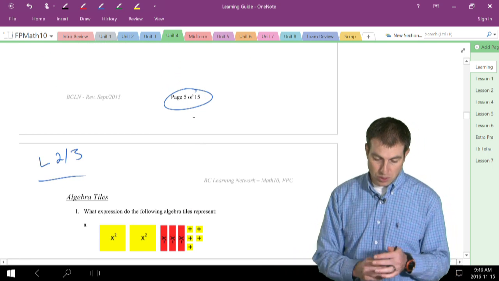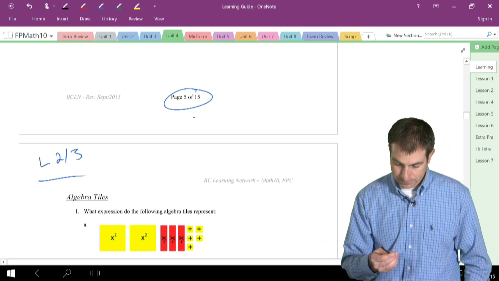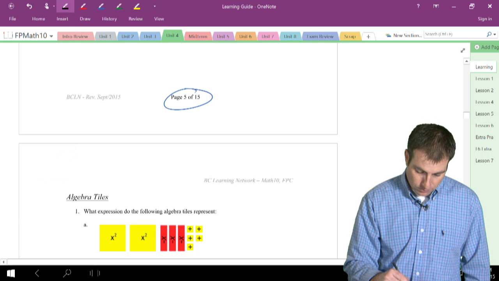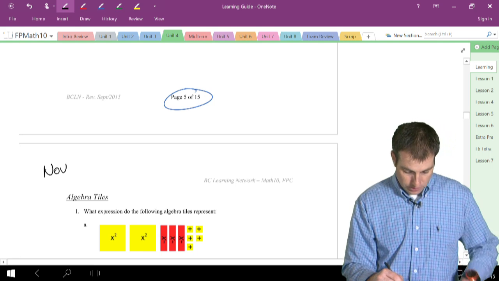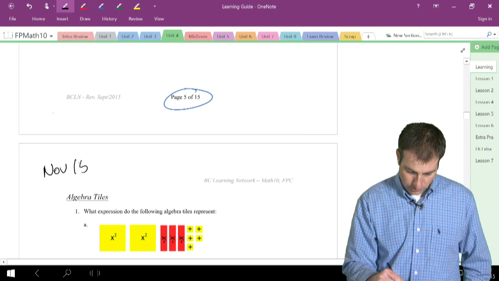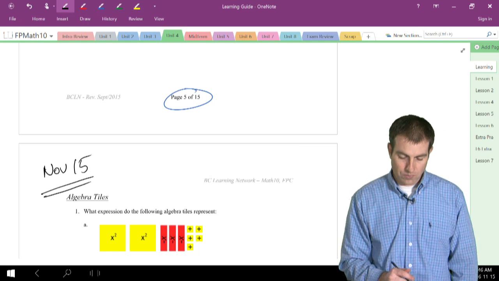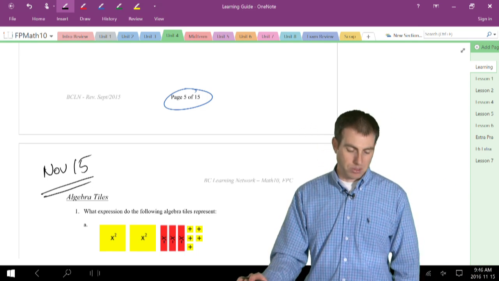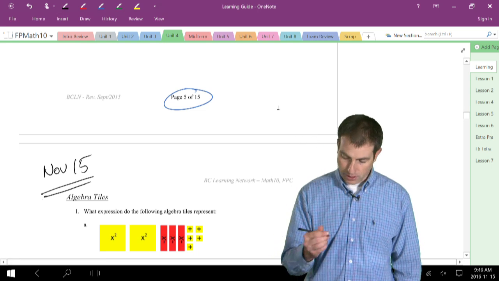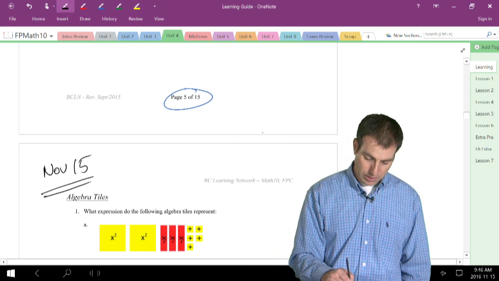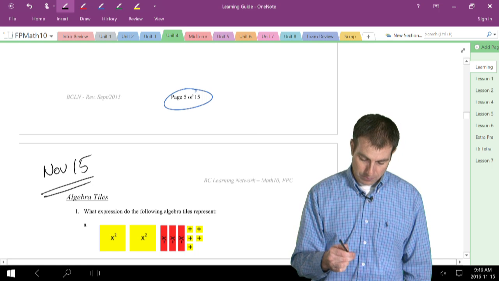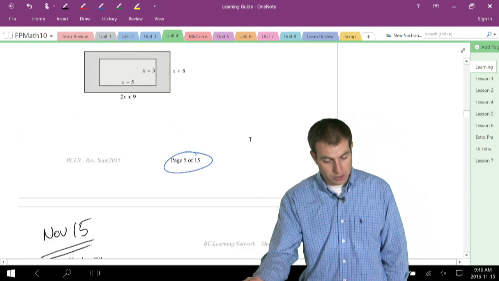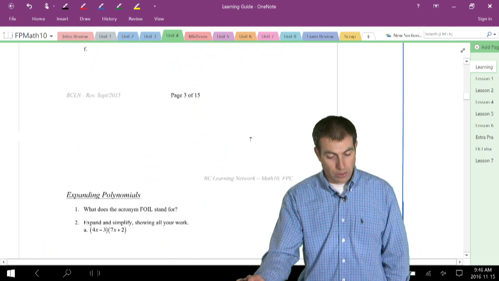So you should be able to do up to the bottom of page 5. Today's November 15th. So everything up to algebra tiles. Oh, algebra tiles. I dislike algebra tiles more than you can imagine, but we have to talk about it. So we will eventually. So there you go. The first 5 pages of the learning guide should be done for Thursday's class.